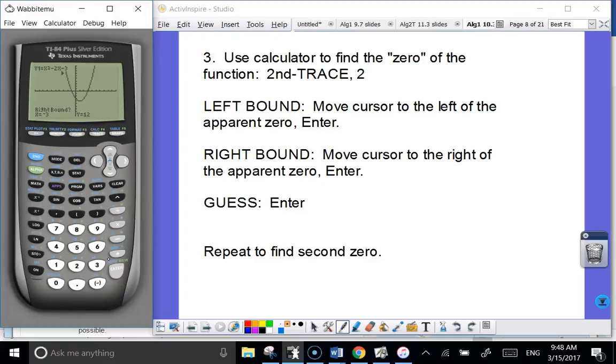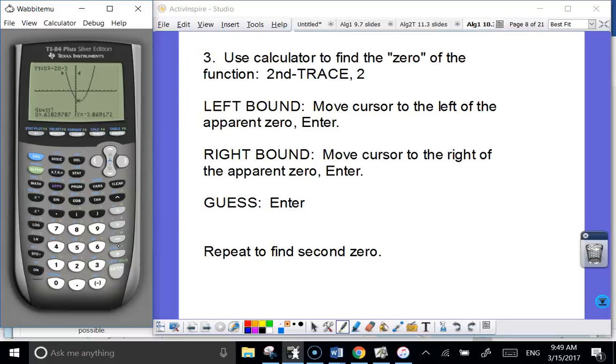So watch what happens if I cursor over. In fact, it might already be there. When you're happy with where the cursor is, just hit enter.